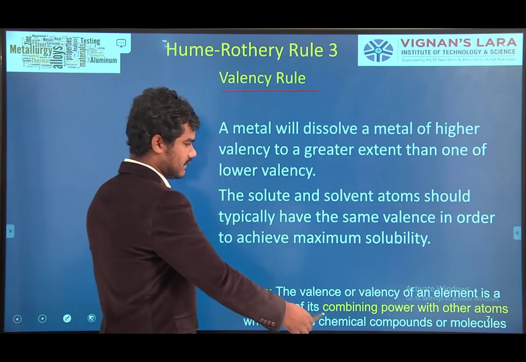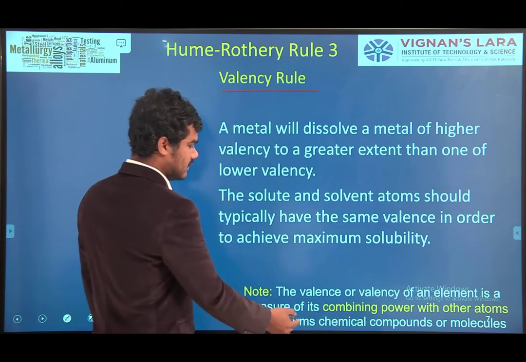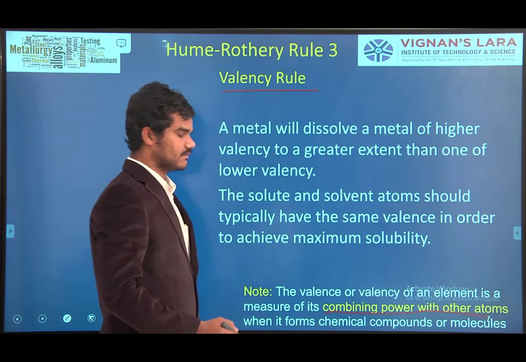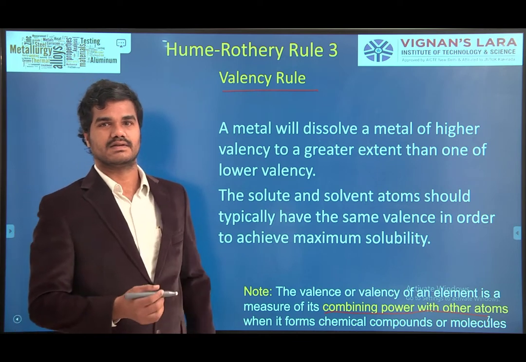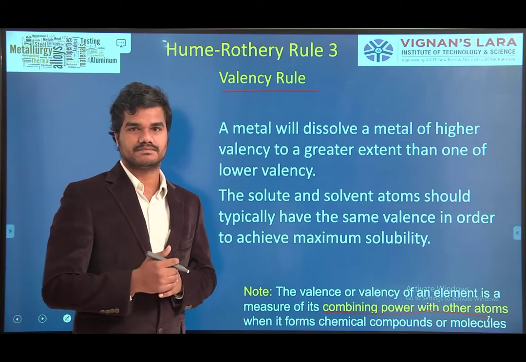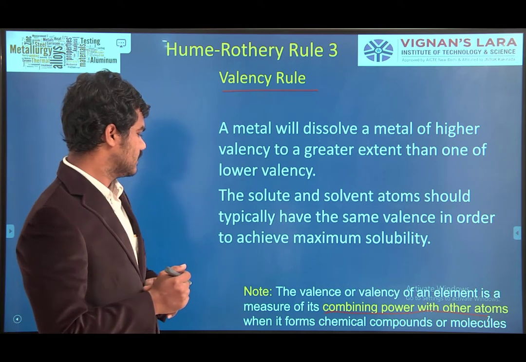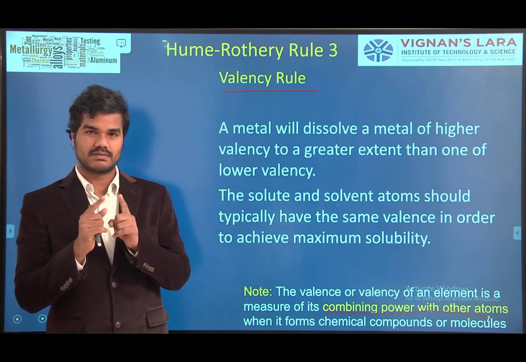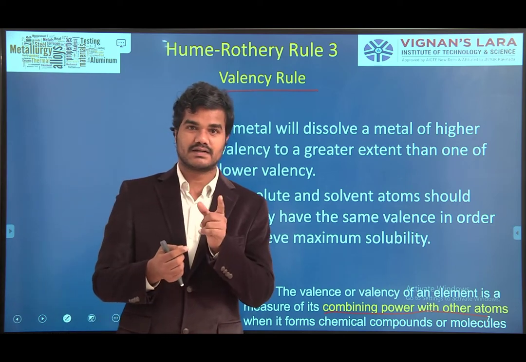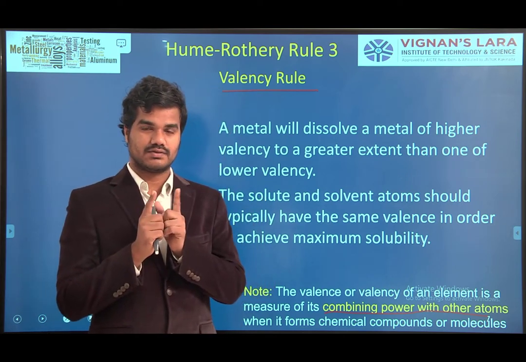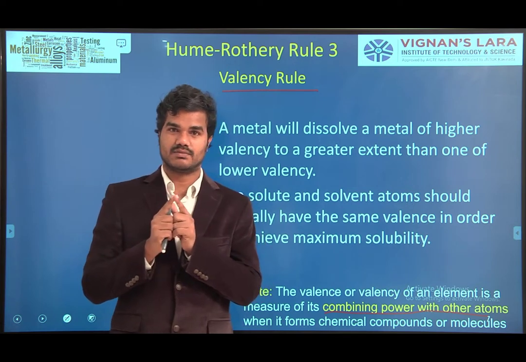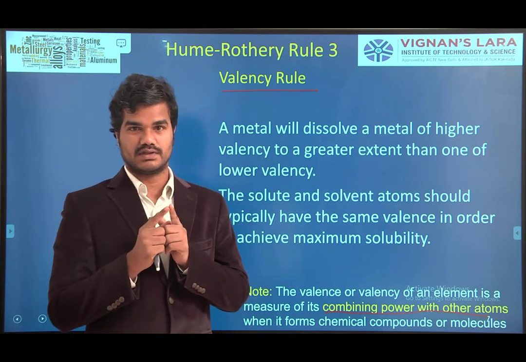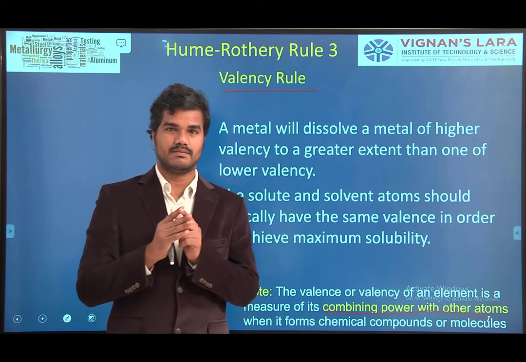Valence or valency of an element is a measure of combining power with other atoms, when it forms a chemical compound. When A and B are combining and becoming an alloy, A atoms and B atoms should form some bonds, maybe ionic bond, covalent bond, hydrogen bond, van der Waals bond, or metallic bond. So any bond it has to form.